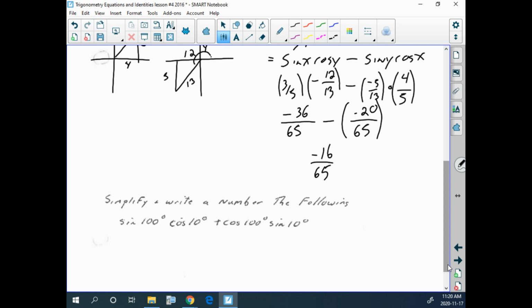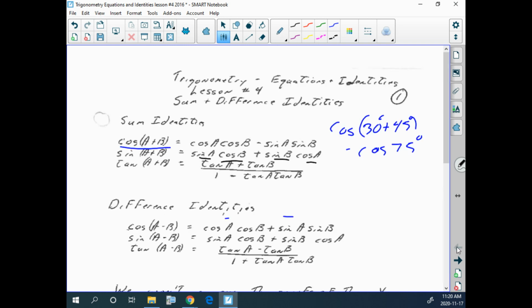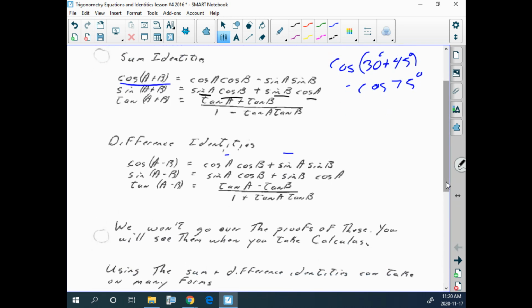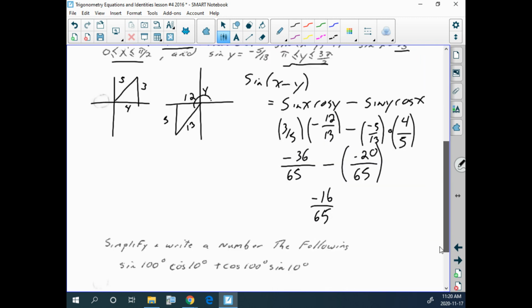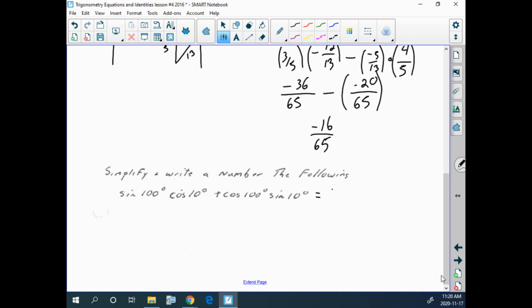Now it's plus, so that means it's going to be sine of A plus B. So this gets simplified down to sine of 100 plus 10.